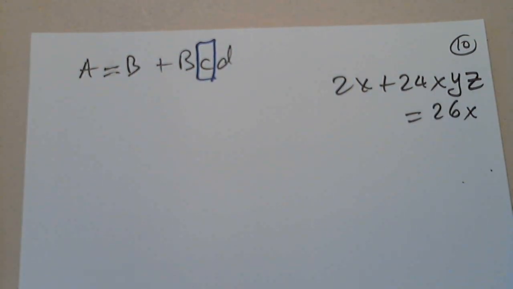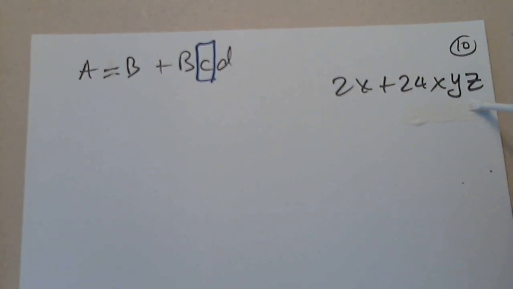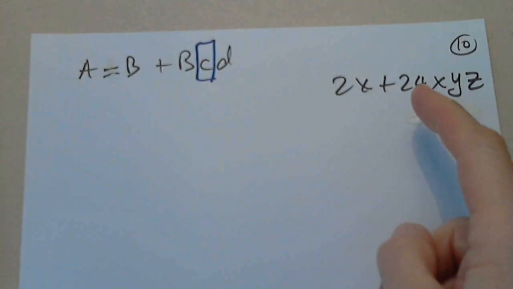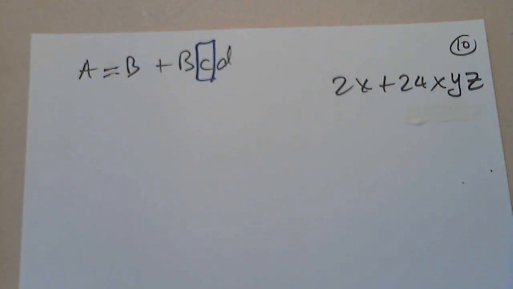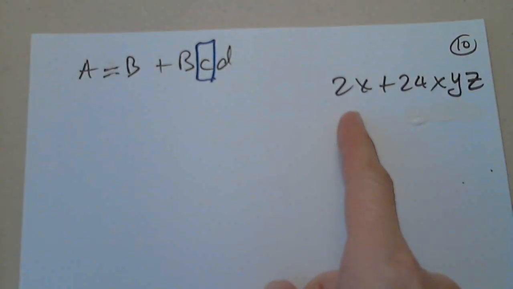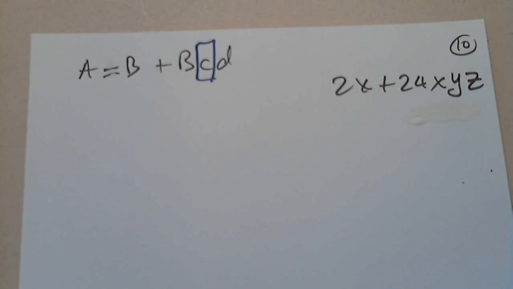Can I get 2x plus 24xyz? Nope, I cannot. I cannot pick and choose. The term is 24xyz. It's not like term with 2x. They have something in common, but that's not enough.